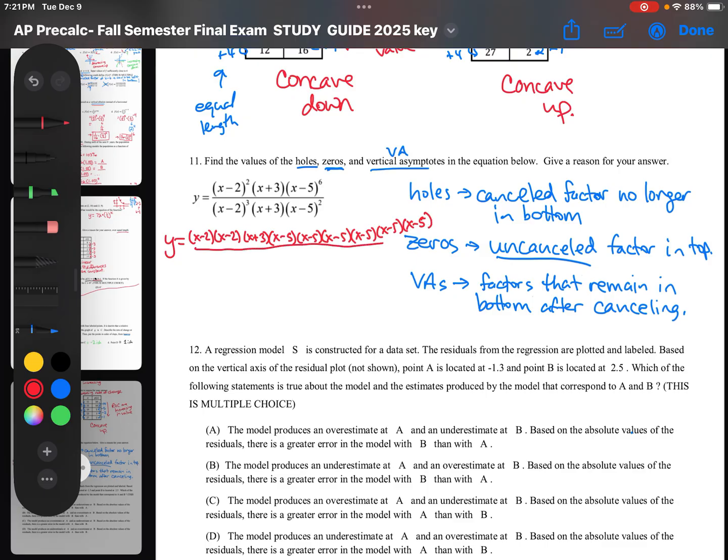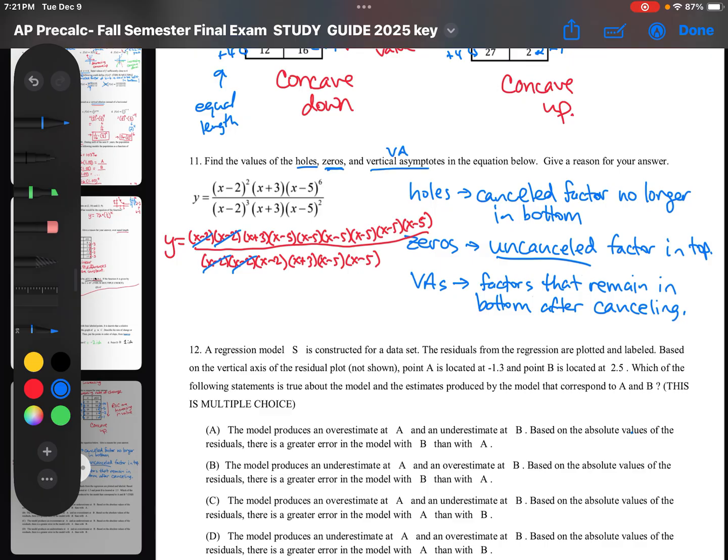All right, so there's my numerator, and in my denominator, I have 3 x minus 2's. And thankfully, I only have 2 x minus 5's. Okay, so if you think about it this way, and then start canceling out one by one, I can see I have a pair of x minus 2's. Here's another one.